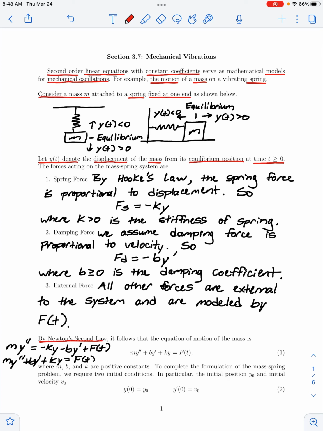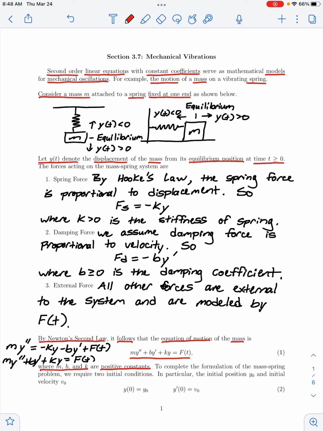So again, by Newton's second law, it follows that our equation of motion for this mass is the following, where m, b, and k are positive constants. Really, b is non-negative, since we could consider cases where there is no damping.